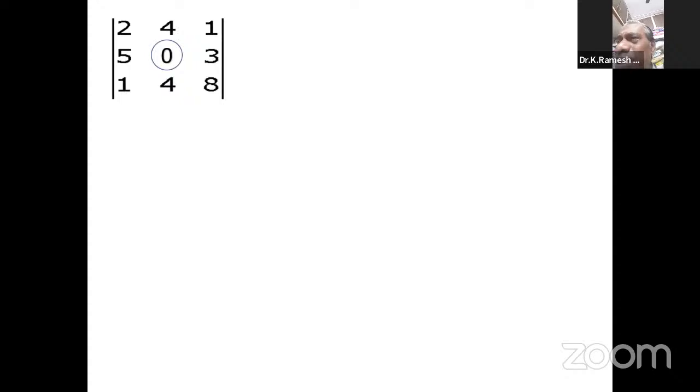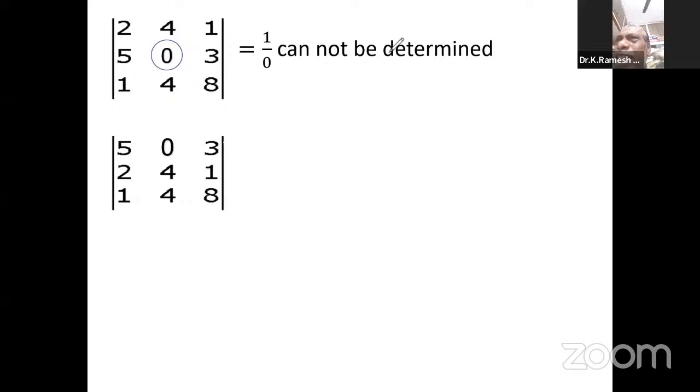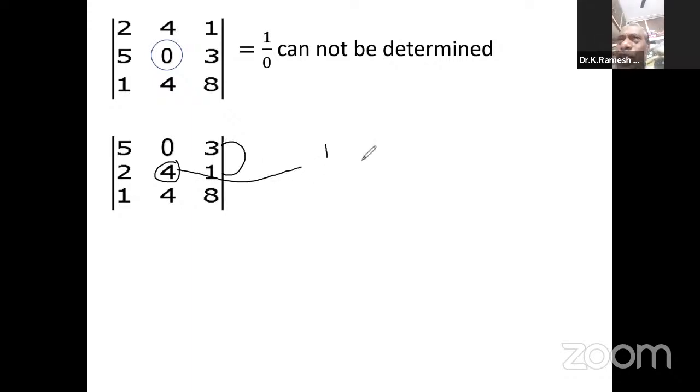We have changed the rows, that's why the determinant will become negative. And because of that, we are able to divide 1 by 4. Otherwise, 1 by 0 is not allowed.